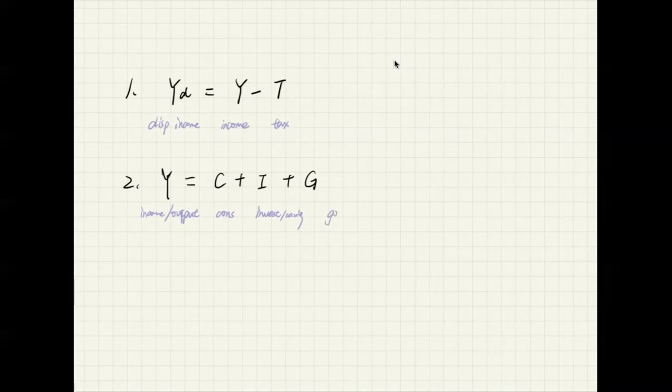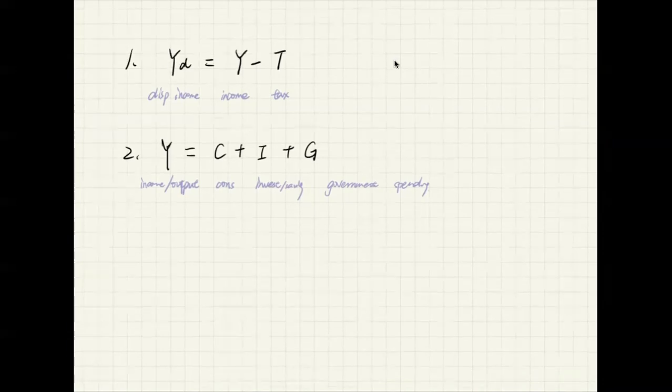And G is government spending or government purchases. So the second equation is our old friend, but do you remember that last session we talked about import minus export, right? In these two chapters, we are not going to talk about the open economy. We are going to talk about the closed economy without foreign transactions. So we just eliminate these two things.